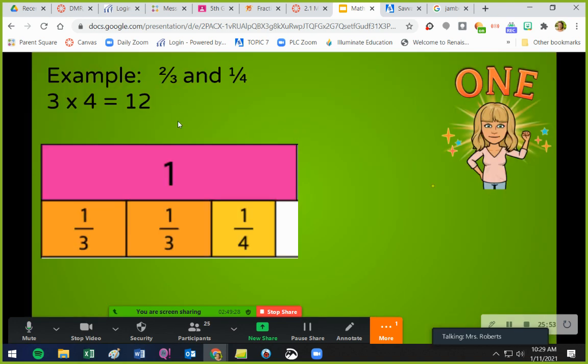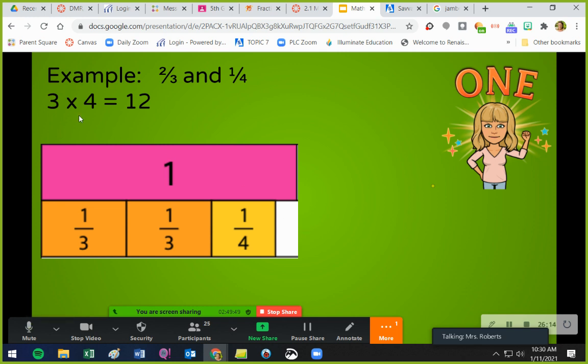All right, so let's look at this one. Let's say I'm trying to add 2/3 and 1/4. I want you to think about how close to 1 whole this is. Pretty close to 1 whole, right? We only have this little section that's not filled in.